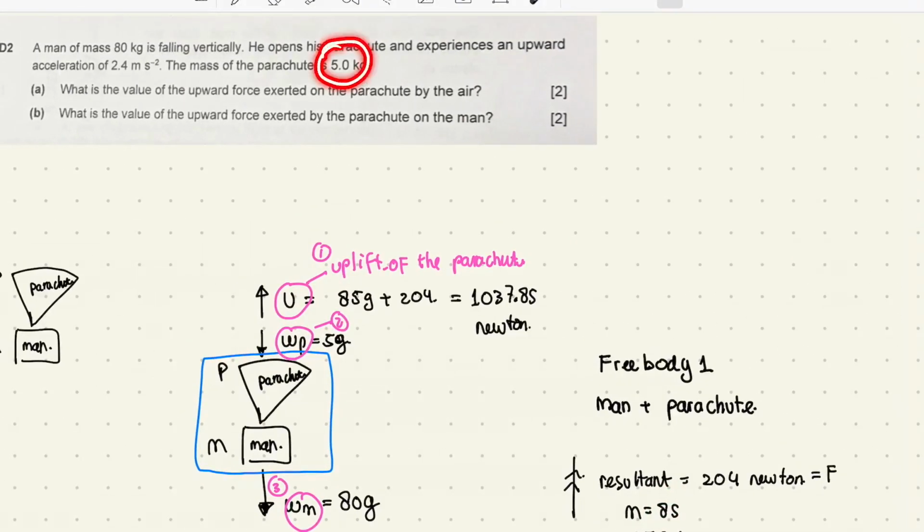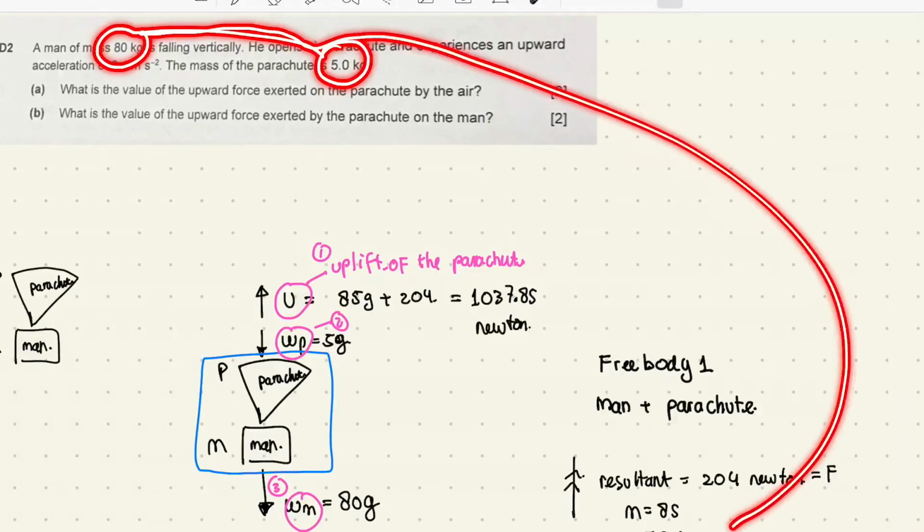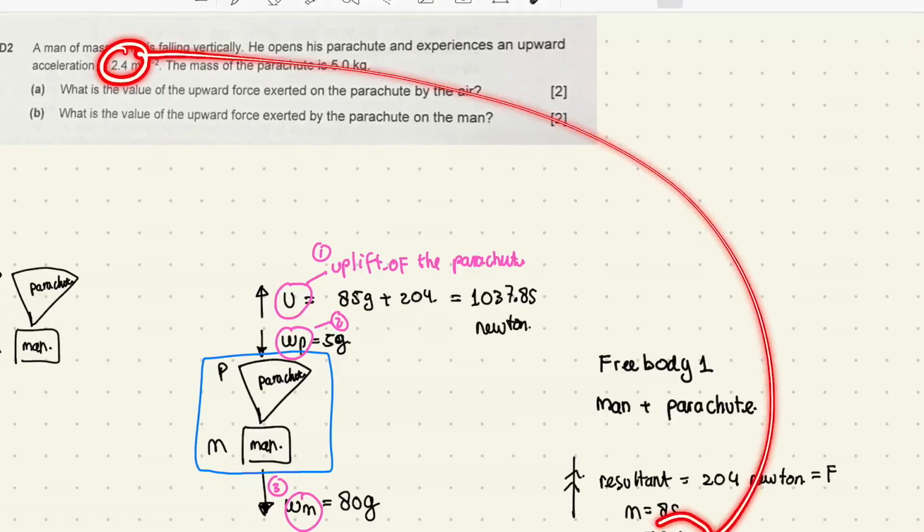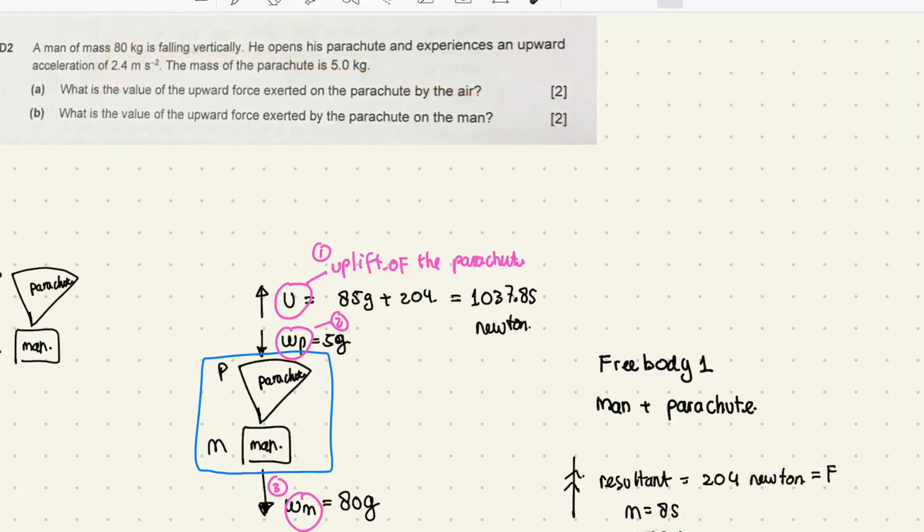You can easily tell from here. So the total mass is 85 kg. Acceleration is 2.4. So these two information we get from the question, 85 and 2.4.